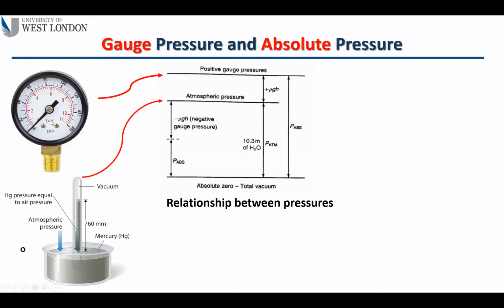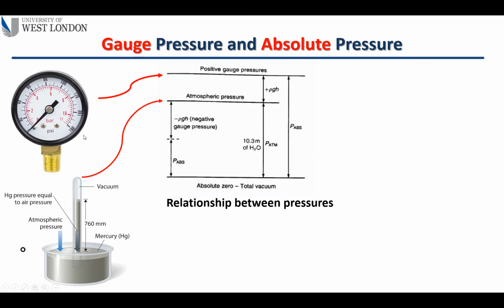These two are pressure units, but they are not SI units. PSI is the unit of pressure in English units, but bar is the unit that we normally use for the pressure as well. So let's see how it works with the pressure gauge.